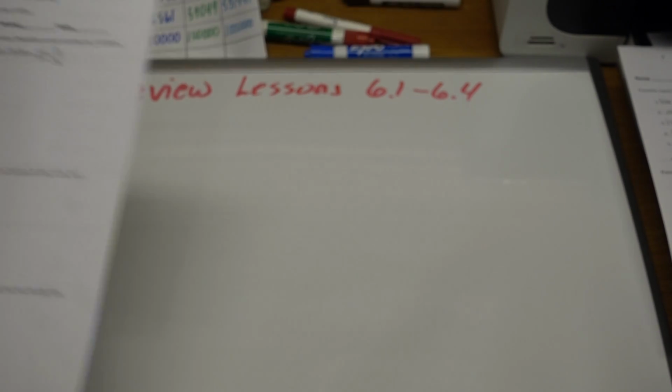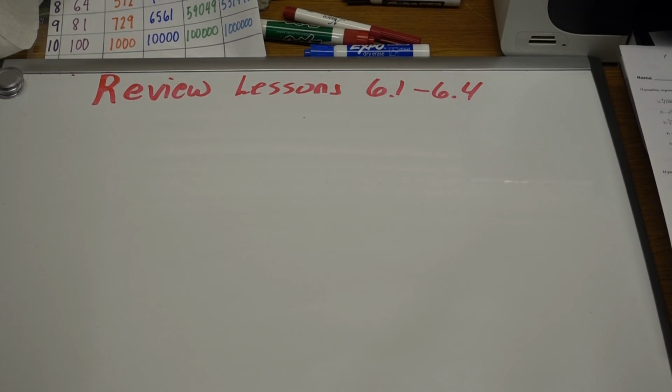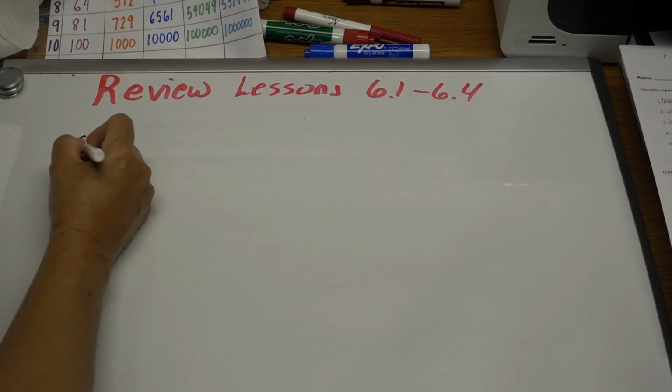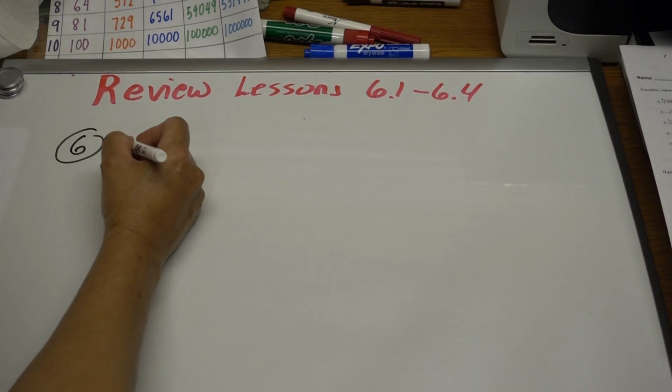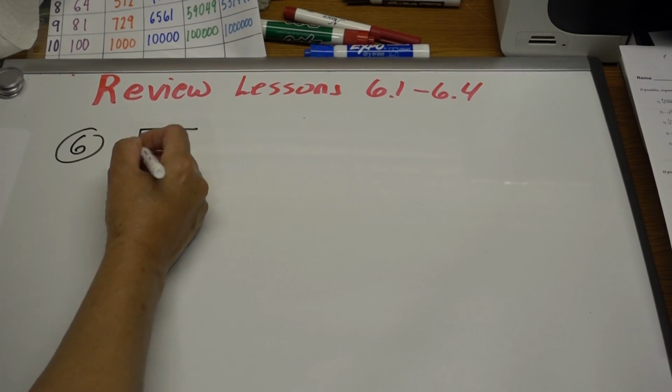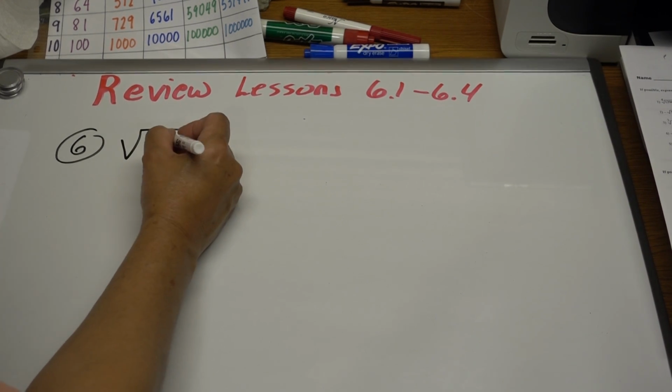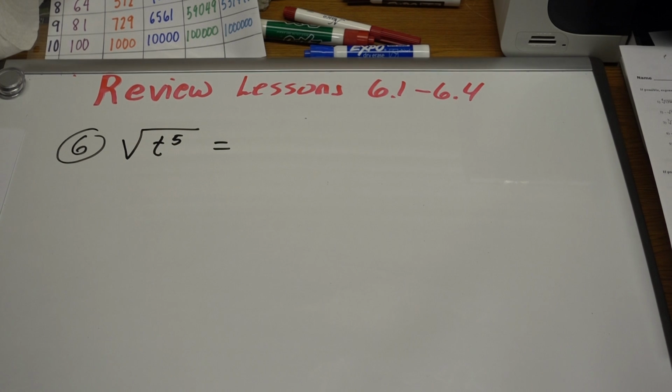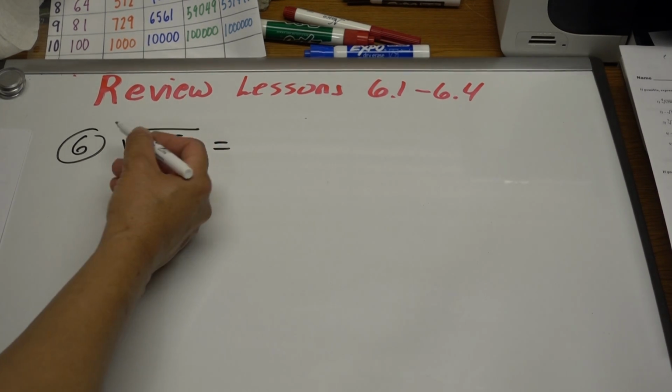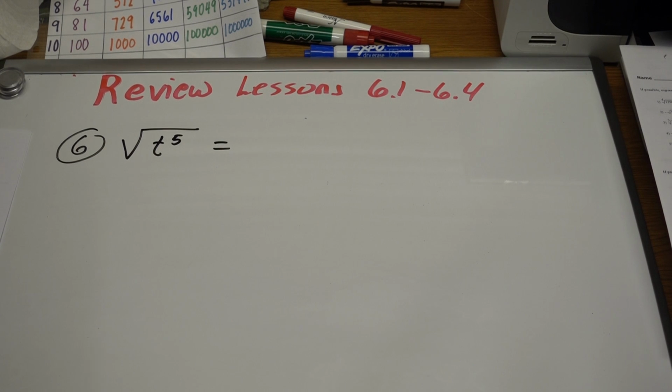Problem number 6 is just simplify the radical expression. Number 6, we have the square root of t to the 5th power. Since 5 is not divisible by 4, we need to break down t to the 5th power into 2 powers, so one of them has a perfect square root.